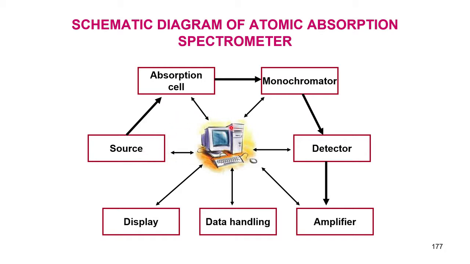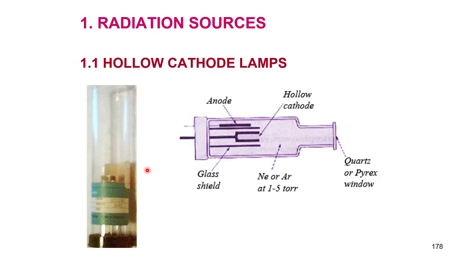So, whenever we want to make an atomic absorption spectrometer, we need one source, one absorption cell, one monochromator and detector, followed by amplifier, etc. This I have shown you in the last class also. I am trying to put you on a firm basis regarding the atomic theory of atomic absorption.